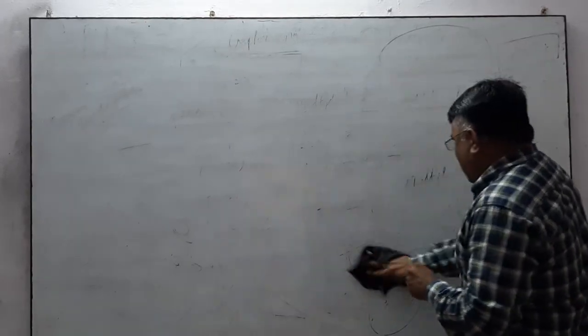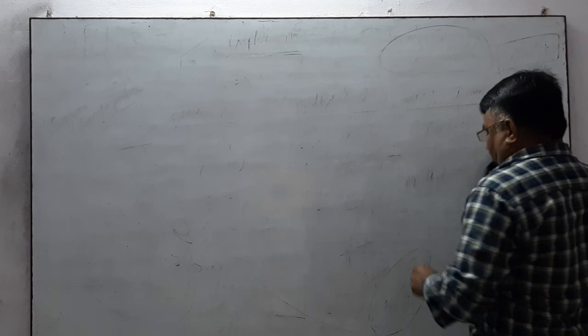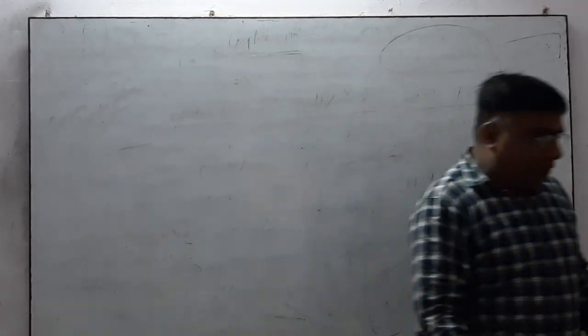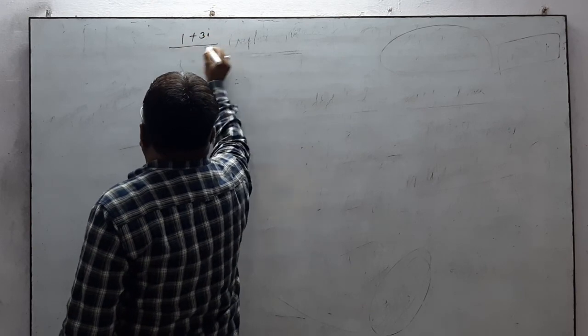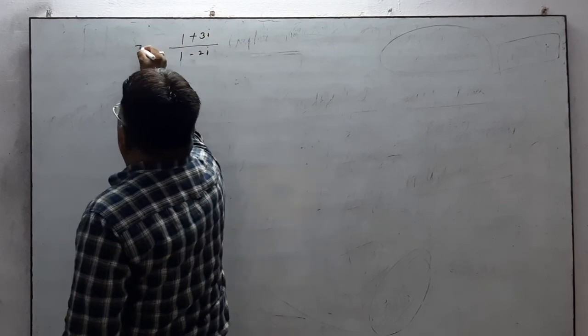So the complex number is in division form, for example, 1 plus 3 iota upon 1 minus 2 iota. This is the complex number.